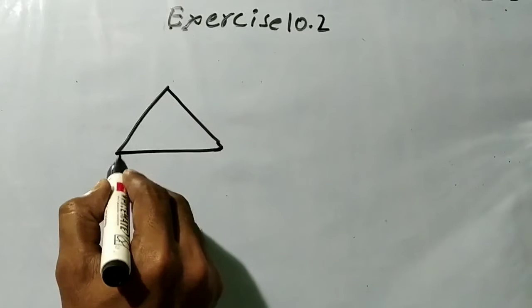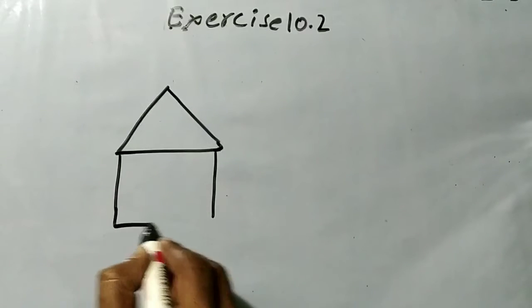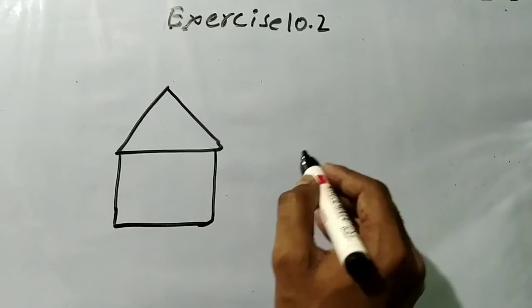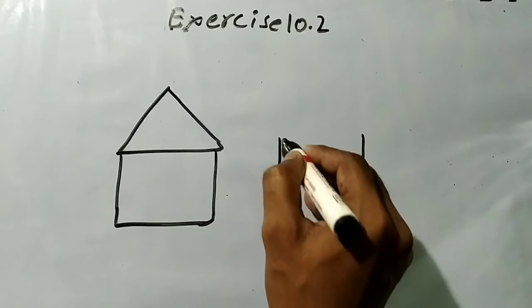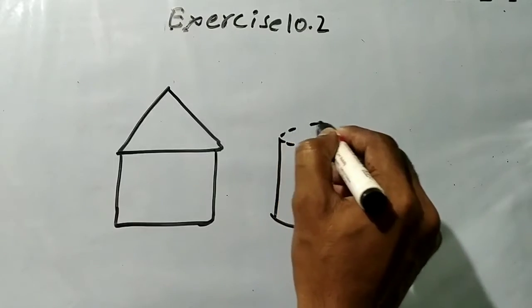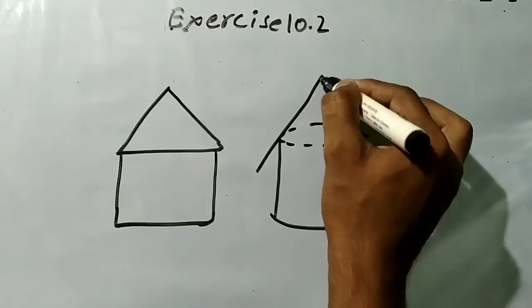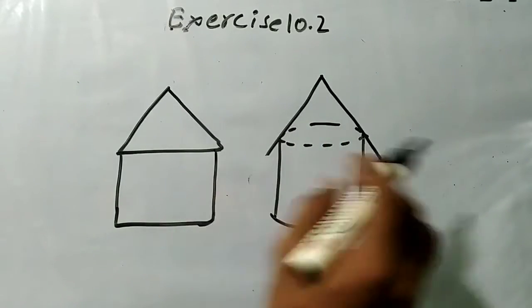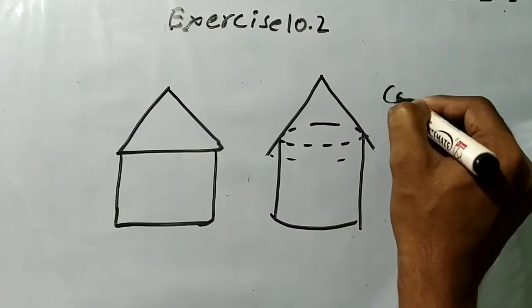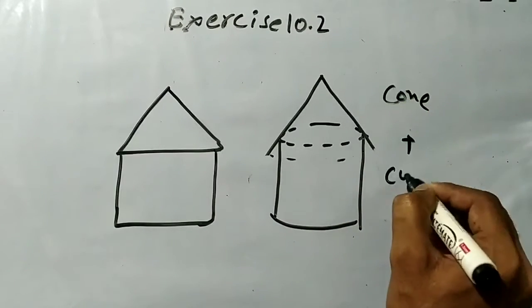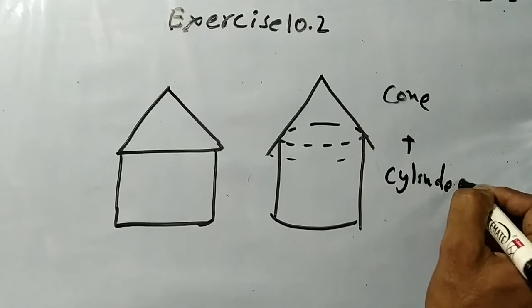This is a hut in a 2D diagram. When we take the hut in a 3D consideration, this is a right circular cone and this is a cylinder. The cone plus the cylinder makes a hut.